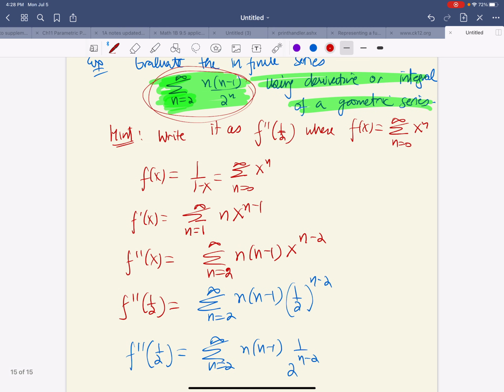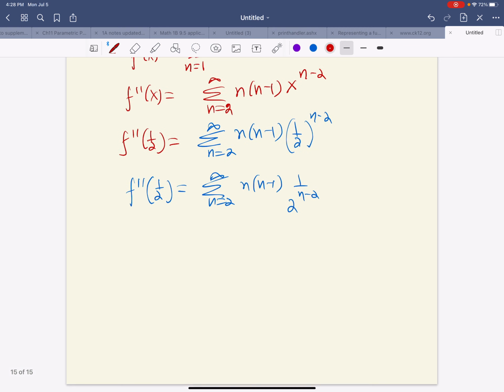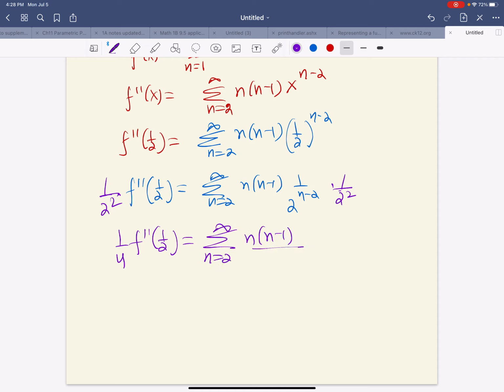So I'm going to multiply both sides by 1/4, which is the same thing as 1 over 2 squared. So 1/4 times f double prime of 1/2 is equal to the summation from n equals 2 to infinity of n times n minus 1 over 2 to the power n, because n minus 2 plus 2 is just n.